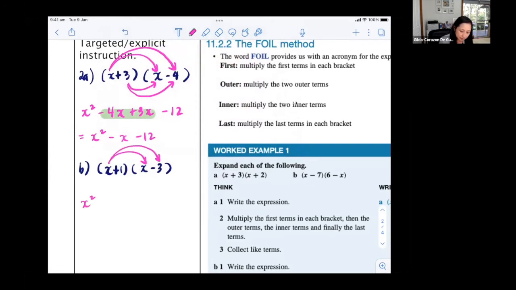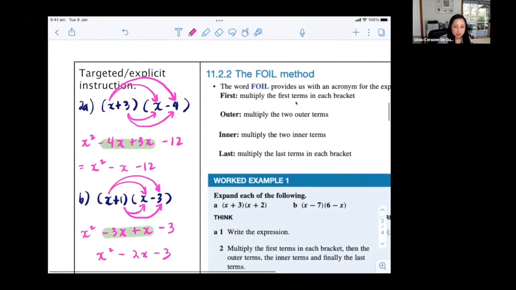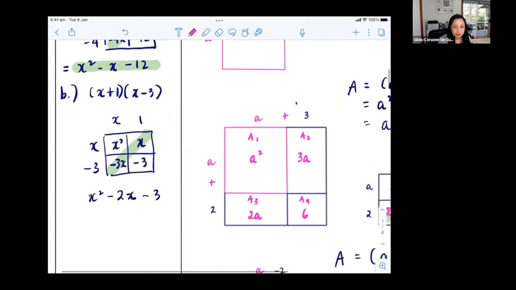Outer terms, we've got negative 3x. Inner terms, we get x. And last terms, we get negative 3. And combining these two, you get x squared minus 2x minus 3, right? Which is what we got here as well.